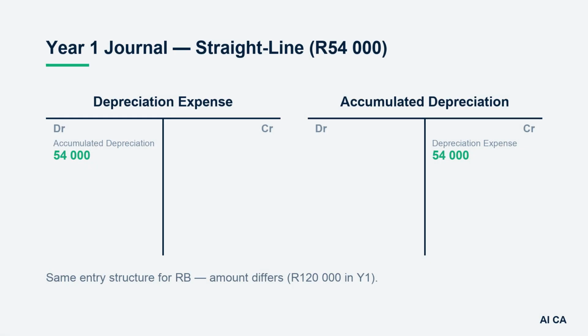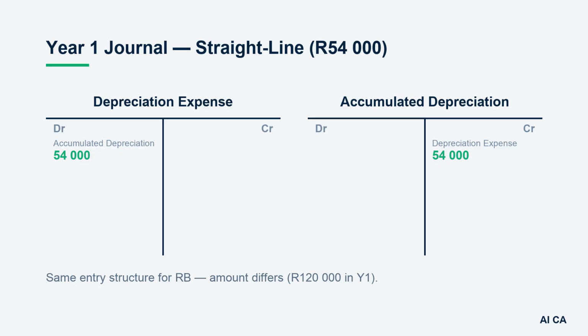Now let us post the journal entry. It is the same structure regardless of method, only the amount changes. We debit depreciation expense in the income statement and credit accumulated depreciation on the balance sheet. The asset account itself is never touched.